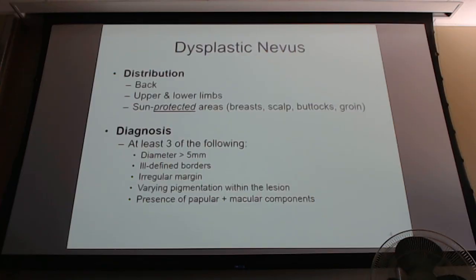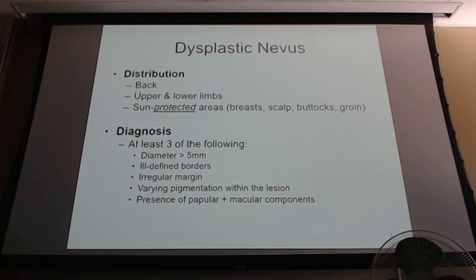Distribution: back, upper and lower limbs, but you can see that underline right there is sun-protected areas. So these dysplastic nevus we can see on the breast, the scalp, the buttocks, the groin. Diagnosis-wise, usually these things have a diameter greater than 5, ill-defined borders, irregular margins, varying pigmentation within the lesion, presence of papular plus macular components.